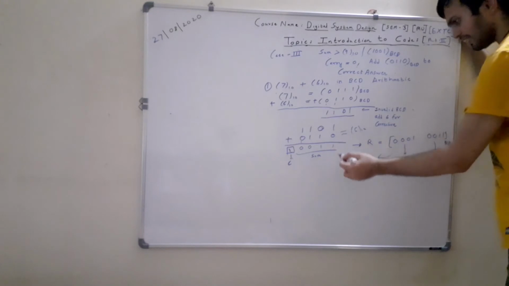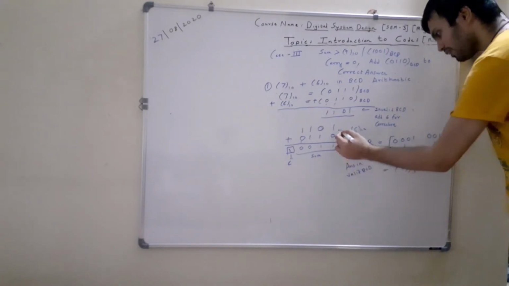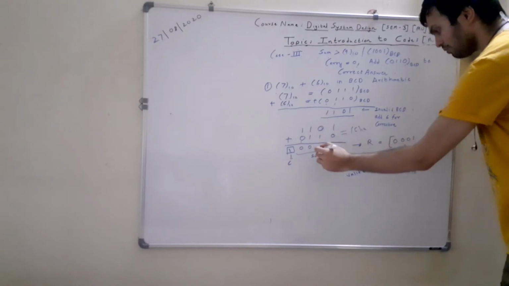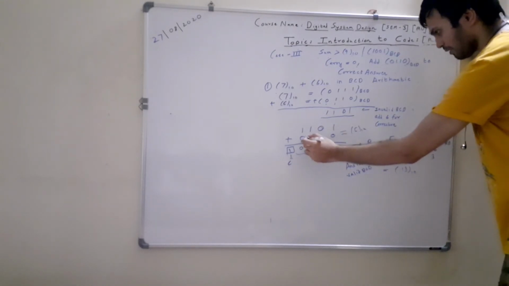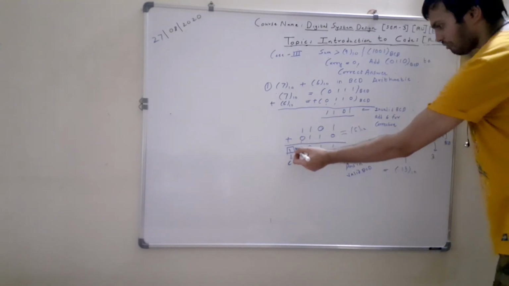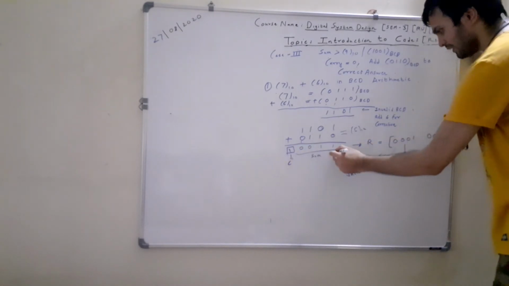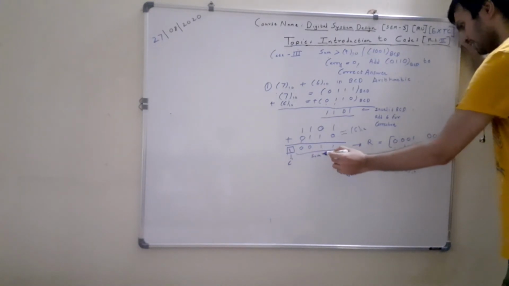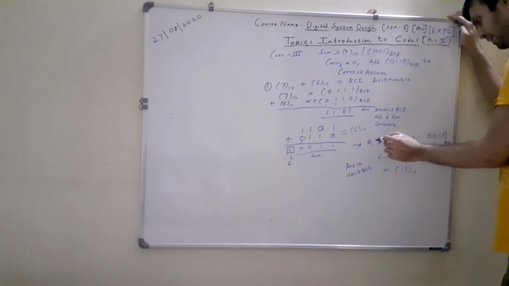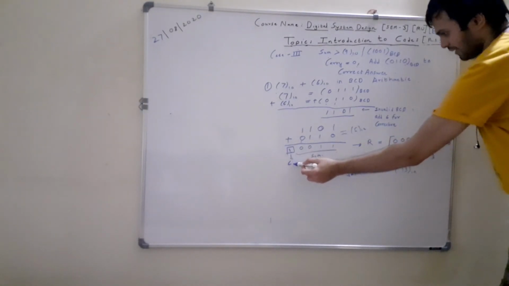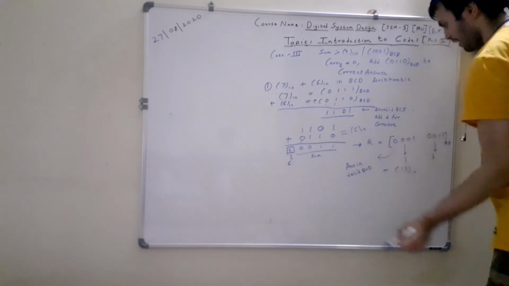And after adding 6, what do we get? 1 plus 0 is 1, 0 plus 1 is 1, 1 plus 1 is 0 and carry is generated as 1. Then again 1 plus 1, 0 is there and carry is generated out of the MSB. So this is the carry, this is the sum. As you can see, 0011 is the sum, valid BCD format after doing the correction procedure, and carry is 1 in our case.